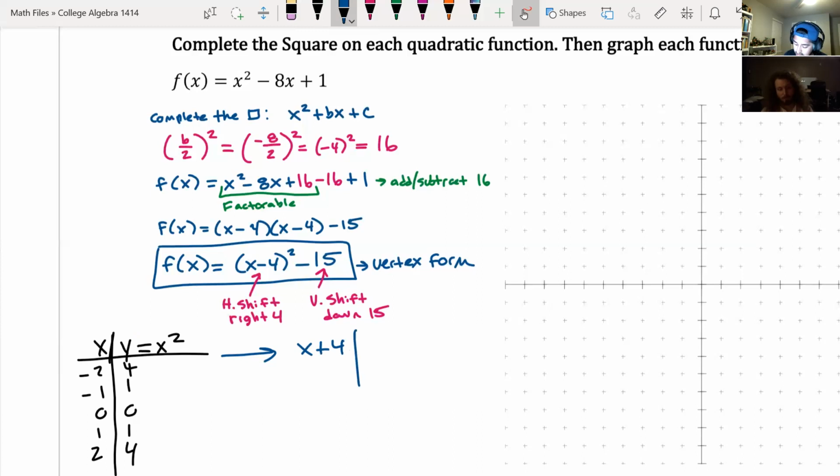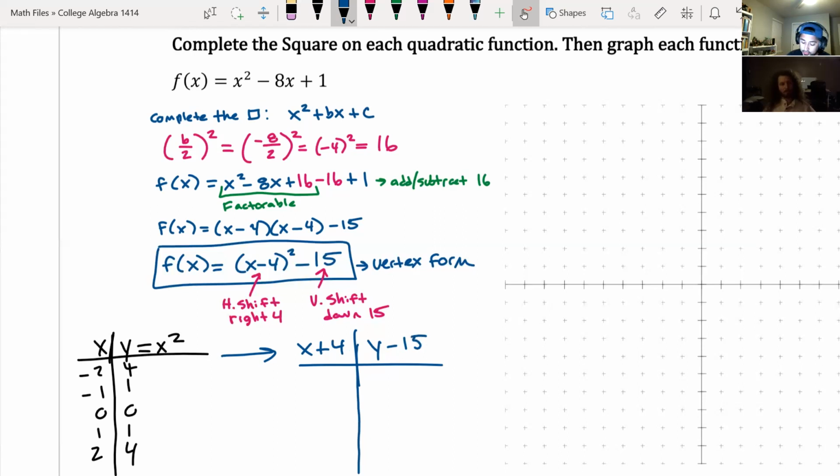And then what are you going to subtract from all your y values? 15. There we go. So we're just going to transform the parent function.